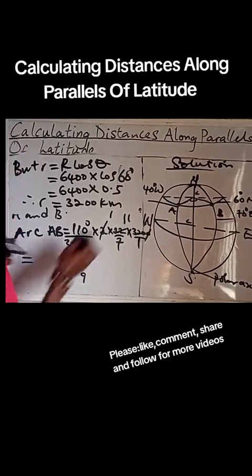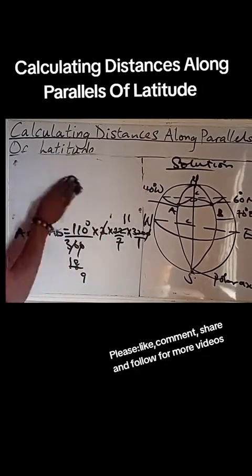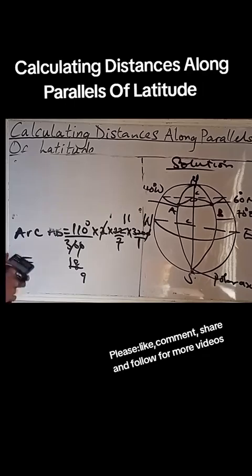Let's multiply the numerator and divide it by the denominator.